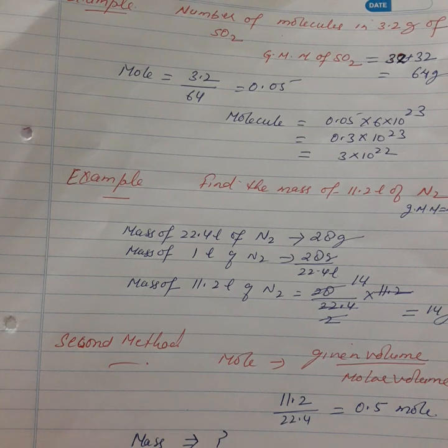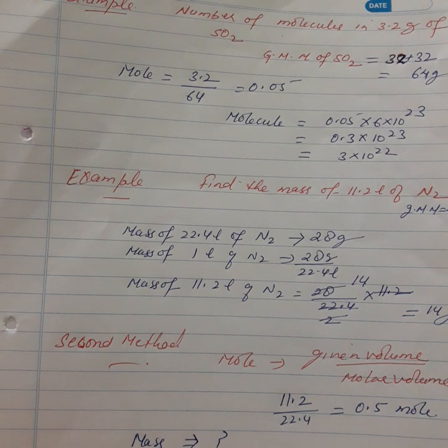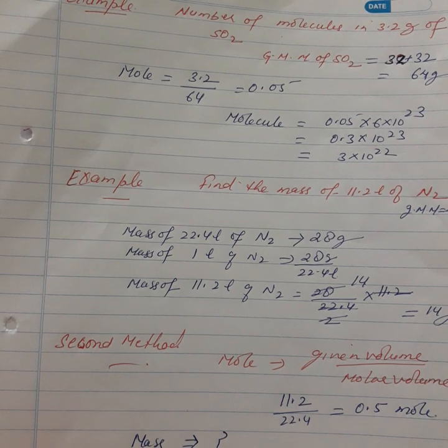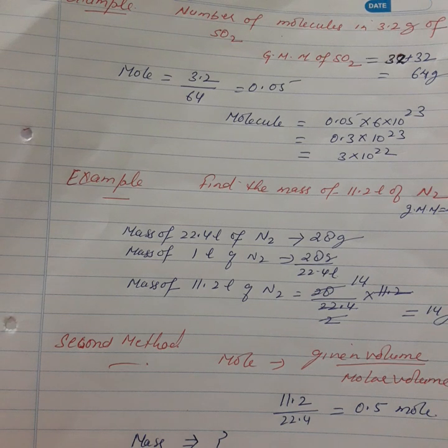Molecular mass of sulfur dioxide: 32 plus 32. Sulfur atomic mass is 32, oxygen 16 into 2, 32. So gram molecular mass of sulfur dioxide is equal to 64 gram. Given mass is 3.2 divided by gram molecular mass, that is 64. What will we get? 0.05 mole.